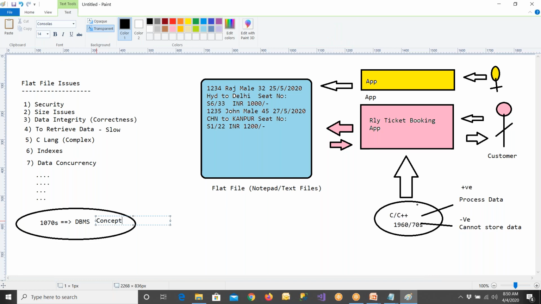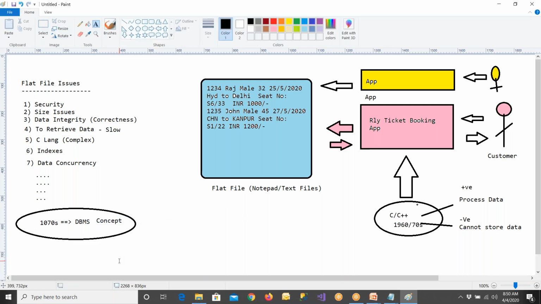If I have a large amount of data to be stored, I need to have proper software to manage the data. Base means banking. So I want to store a large amount of data, and to store it I want to have a beautiful system to be invented.